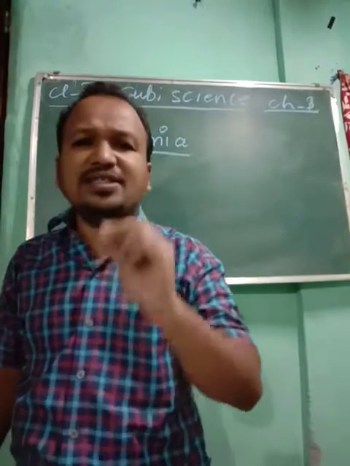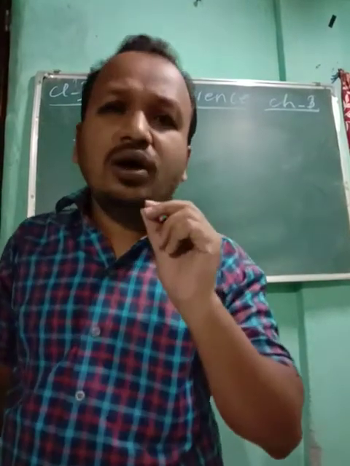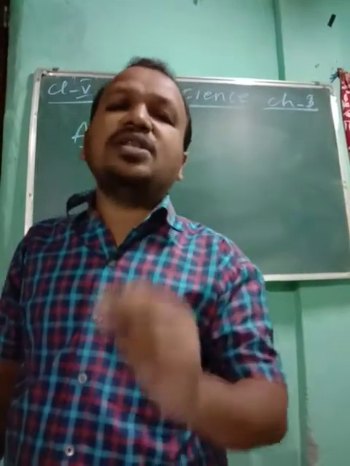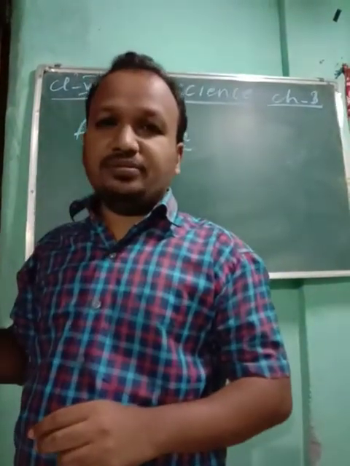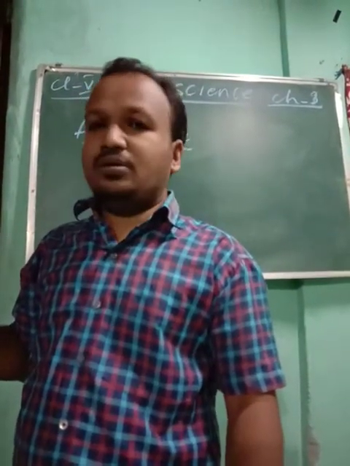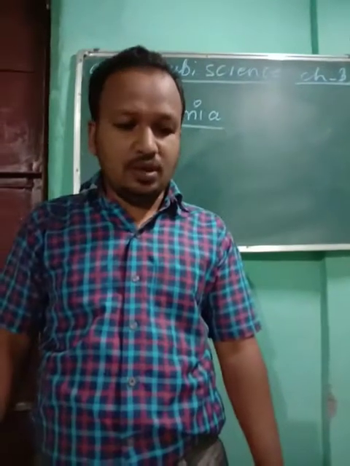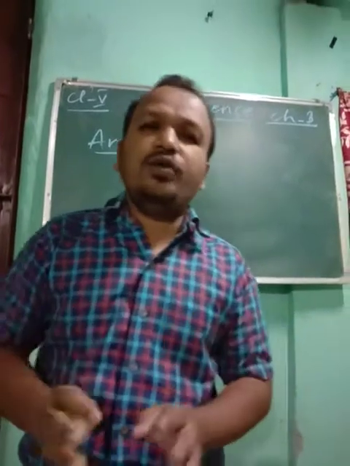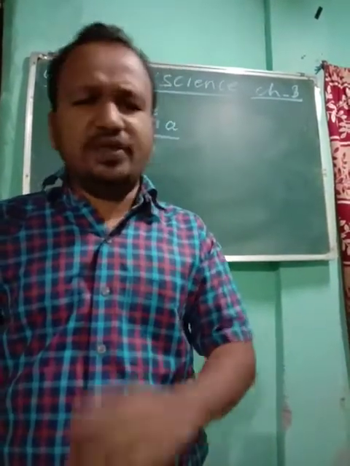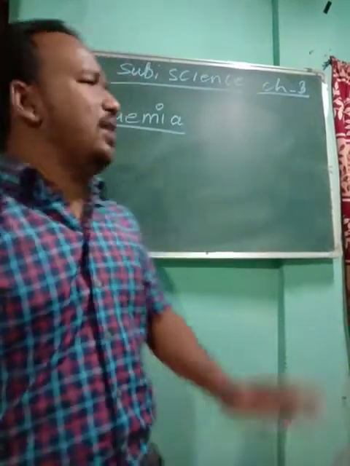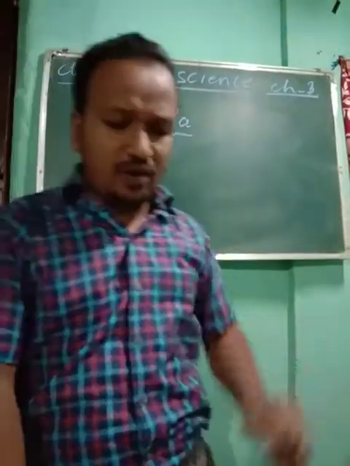When we take food and the iron in it is less, a person may suffer from the disease called anemia. So if we are not taking proper iron-rich food, fruits and vegetables, then we can have the problem called anemia in our body.